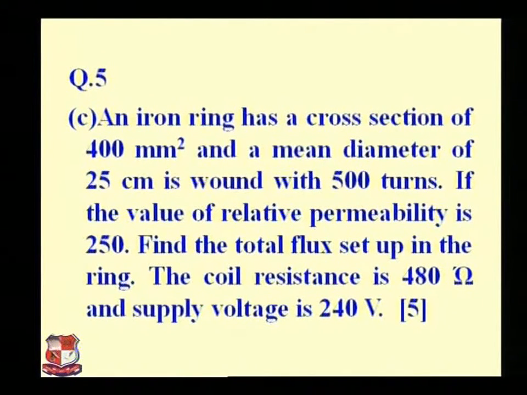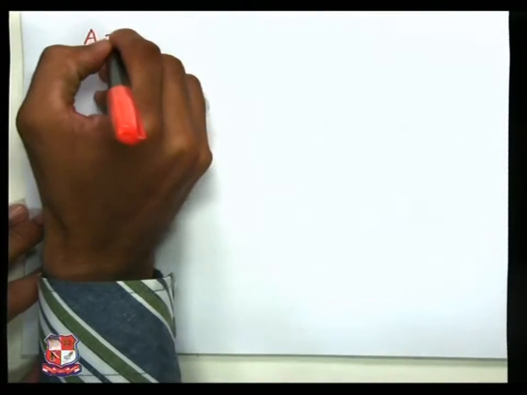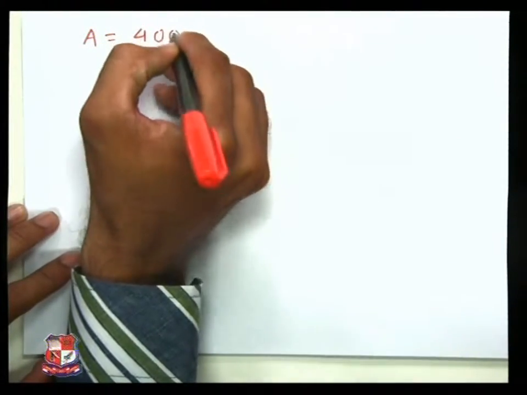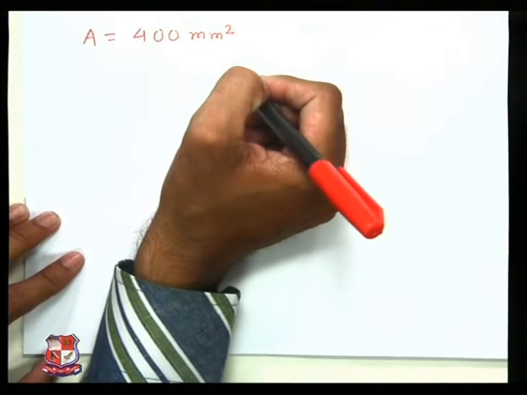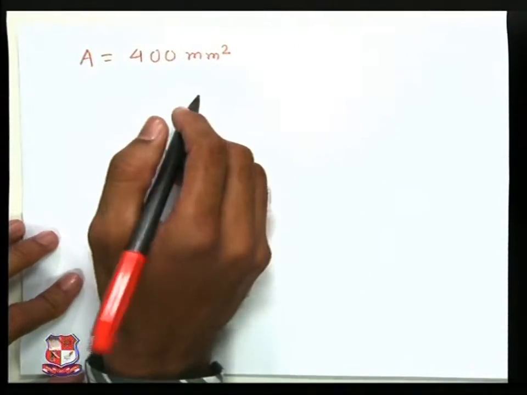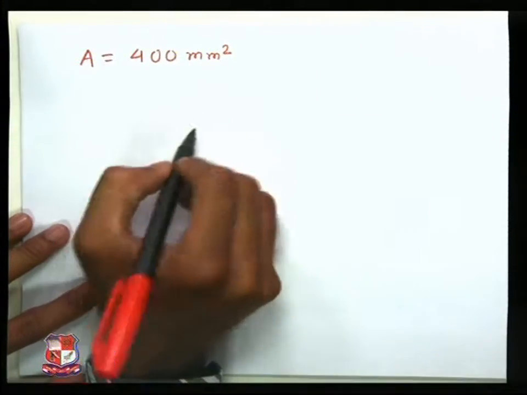See here, the area of the ring is A equal to 400 millimeter square. We must always remember to check whether the data is given in the appropriate form or not.